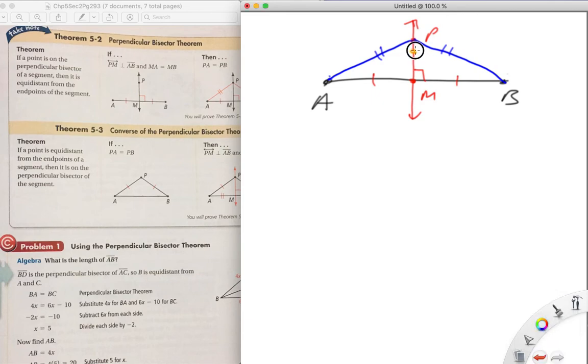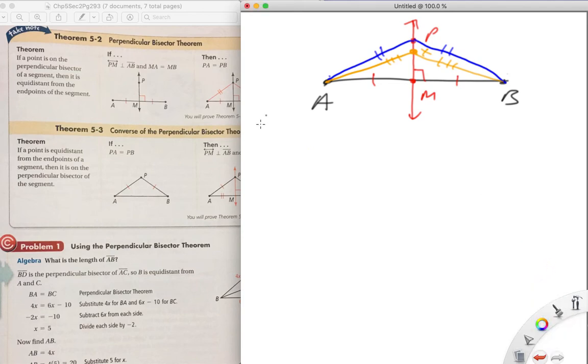So if I was to draw some other line right here and draw it out to here and to here, not to scale, these would be equal as well. We can call this point X. Any point along this line, the perpendicular bisector, if I draw a line out to these two points, they are going to be congruent. They're going to be the same.